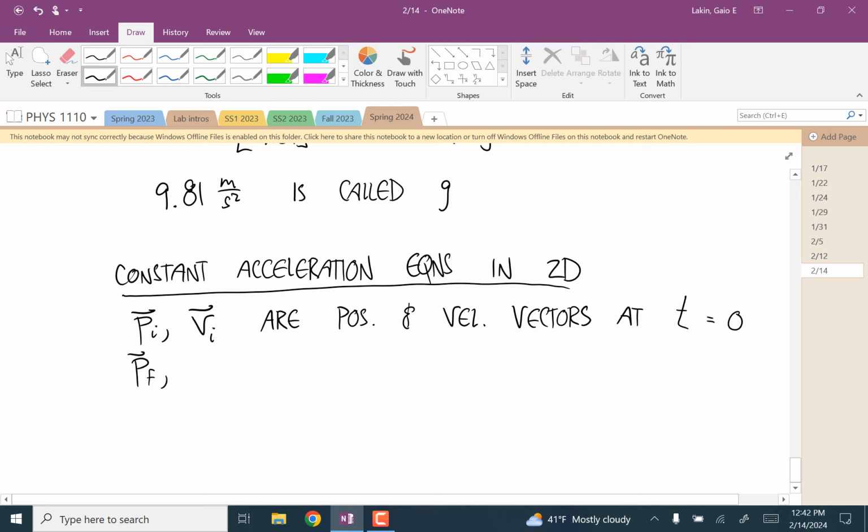And PF and VF are the position and velocity vectors at time final, just like they were in 1D.